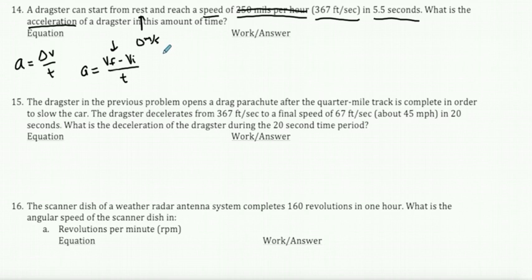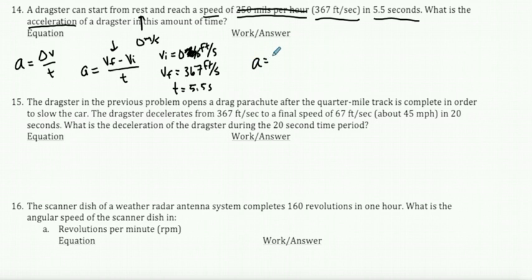Okay, so my initial velocity, I'm starting from rest, that's 0 meters per second. And then I'm getting up to a final speed of 367 feet per second. And I should have written this as feet per second. I guess I'm just in the habit of writing meters per second. So I'm going from 0 to 367 in a time of 5.5 seconds. So now we can plug all those into our equation.